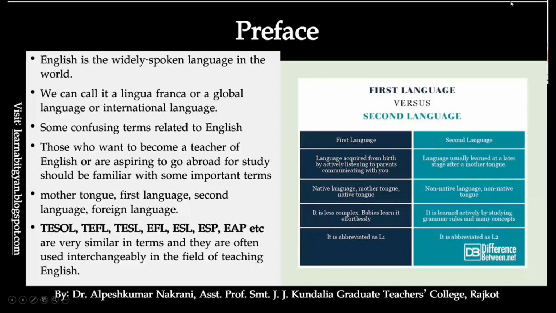We can call it a lingua franca, a global language or an international language, because all the countries, though they have their own language, prefer to communicate in English. So English is a common language between two countries, for dealings and communication. This is the current scenario.